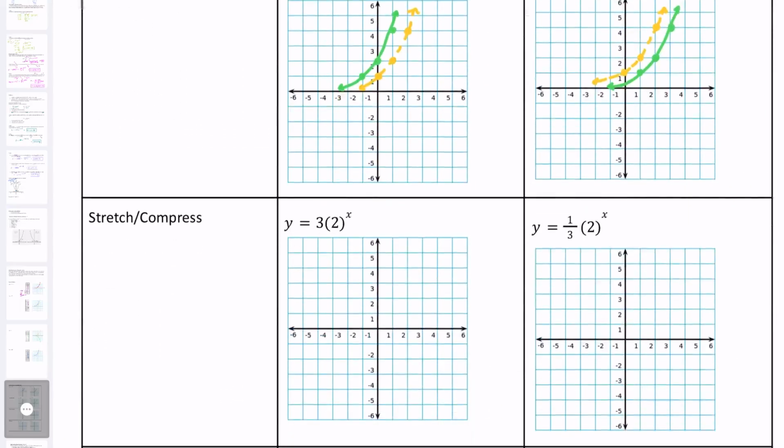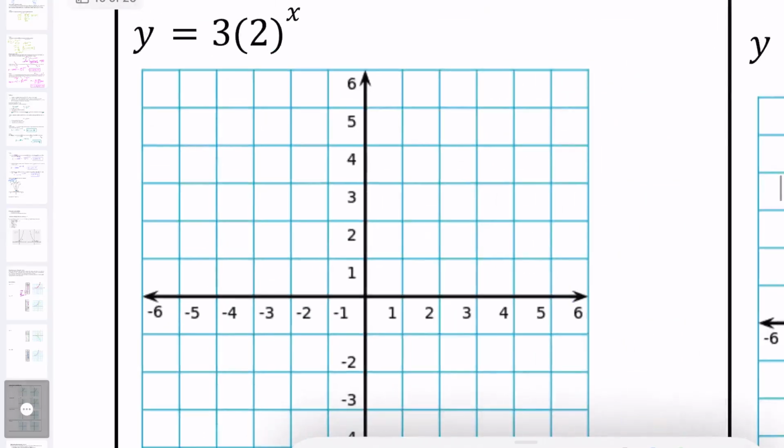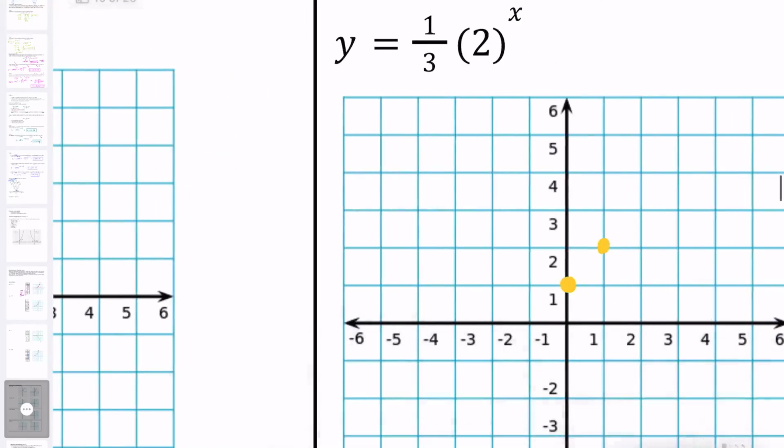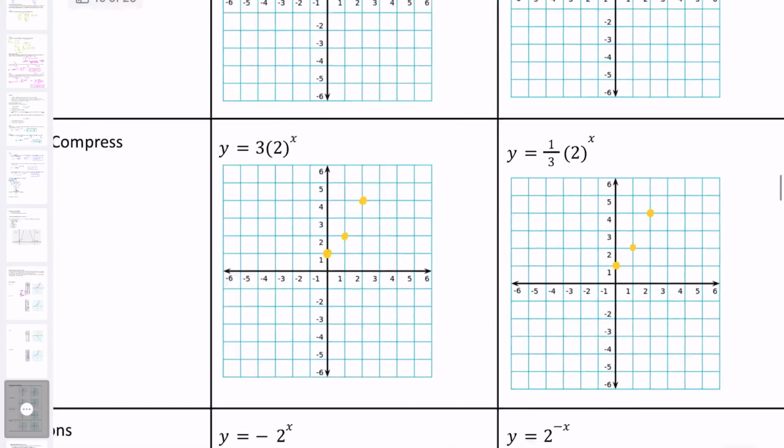Then we have stretching and compressions. Okay. So multiplying by 3, we saw earlier, really elongated the function. If we do the other one, which is going to be 1/3, you'll notice that it really compresses the function. It's a lot easier to see when you have the original graphed, so we'll go ahead and do that again. So that one started at 3, and then the next one I believe went up to 6.